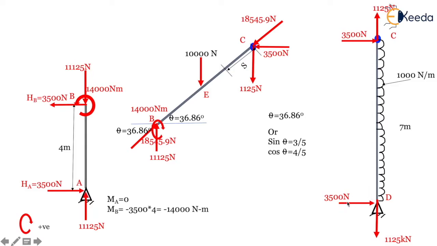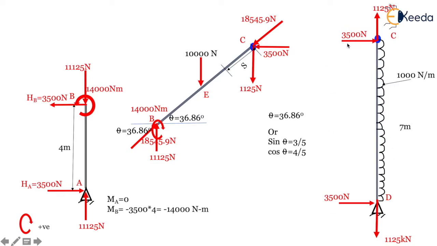Now here also there is a 3500 Newton load, so to balance that there has to be another, but this is a hinge support, so here there will be a 3500 Newton load acting at this point as well. When we see this, 3500 plus 3500 equals 7000. 1000 into 7 is 7000. So there is a balance of this particular member.